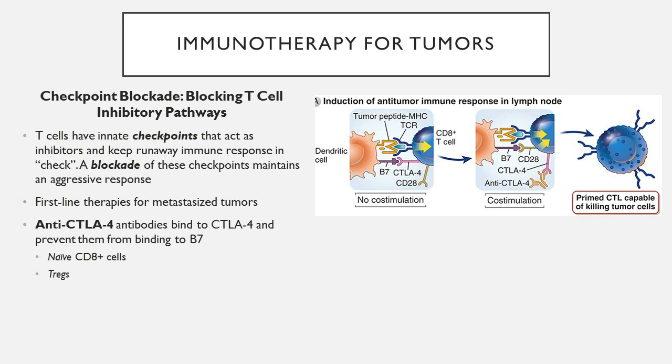Now, the idea of checkpoint blockades and the immunotherapy strategies against those, we've already talked about extensively in journal discussions and past lectures as well, but I'll touch on them again and give a quick refresher. T cells have an innate checkpoint built into them through a number of different mechanisms to prevent any runaway immune responses. So it's in part to keep these in check.